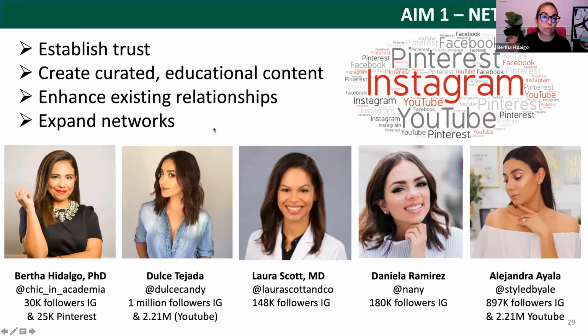And what grew out of my ability to network in the fashion world for some years was that I was connected to other really big influencers in spaces that were not science-based. These are some of the influencers that I've connected and networked with, who agreed to come on and also share our content.